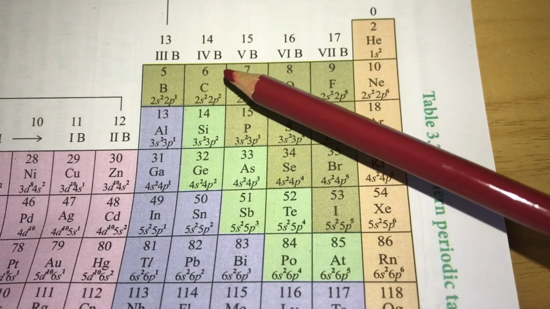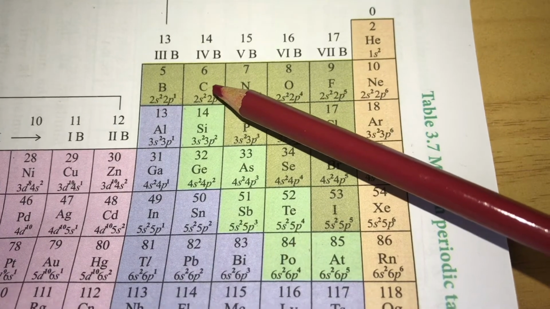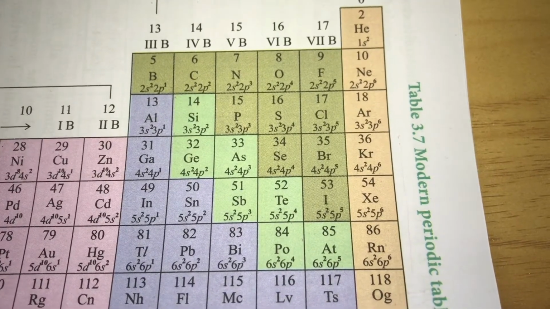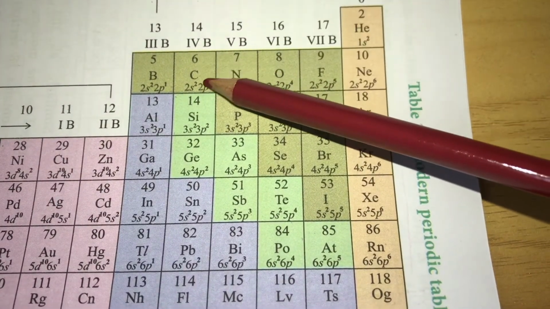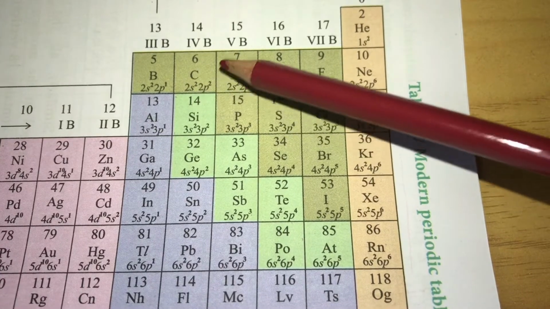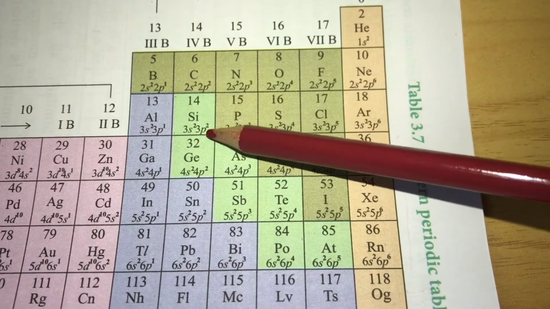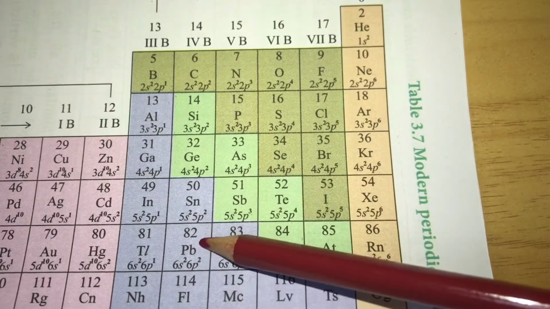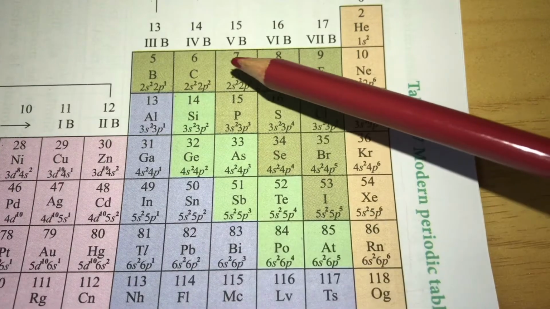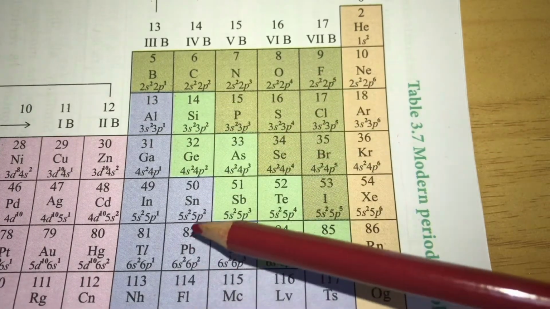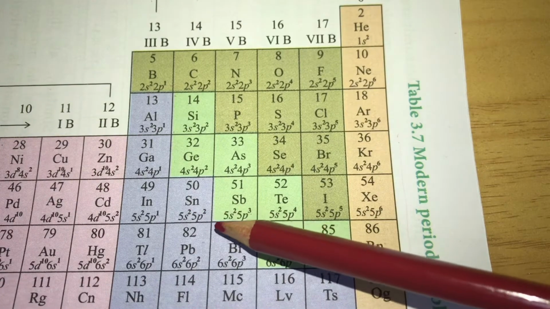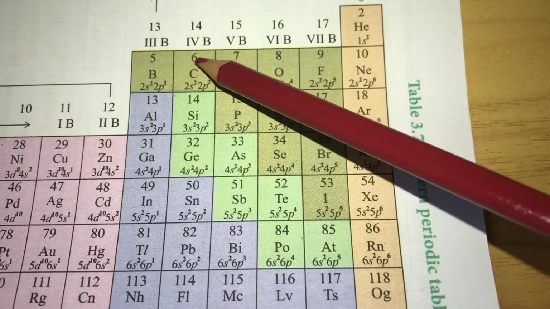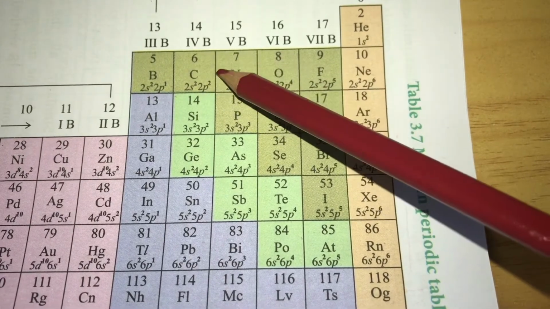Next is the carbon group. According to its atomic number 6, carbon's electronic configuration is 1s2 2s2 2p2. Silicon is 3s2 3p2, germanium 4s2 4p2, ending with lead 6s2 6p2. So all elements in the carbon group contain 2 electrons in the s orbital and 2 electrons in the p orbital. The general electronic configuration of the carbon group is ns2 np2.